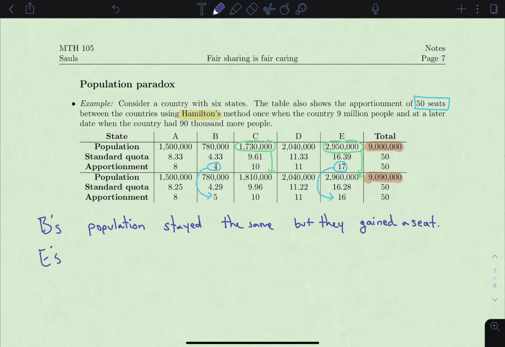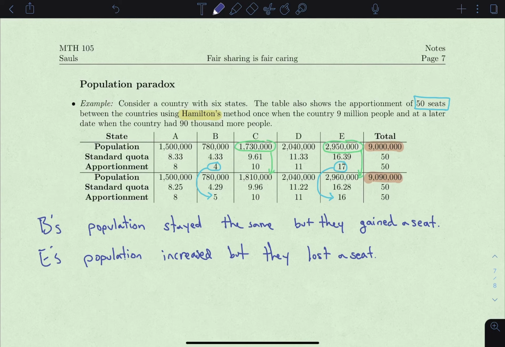E's population increased, but they lost a seat. Their population maybe didn't go up by that much, only 10,000, but compared to not going up at all, that's a lot. And so this is the issue. This is why E is not going to be in favor of Hamilton's apportionment method.